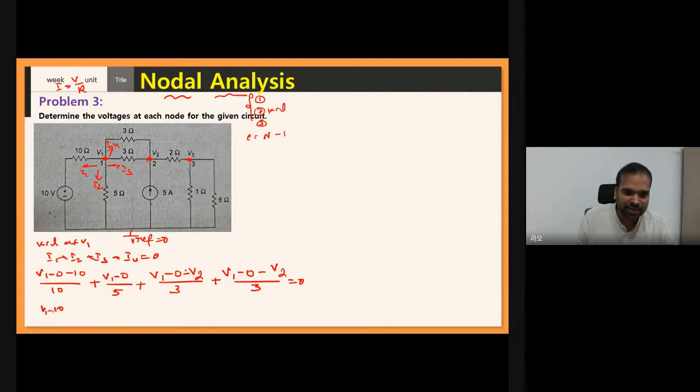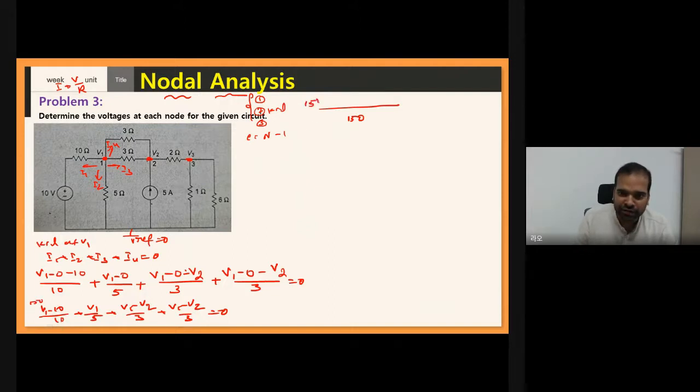Now from this you can write: V1 minus 10 by 10 plus V1 by 5 plus V1 minus V2 by 3 plus V1 minus V2 by 3 equal to 0. Now what is the LCM here? 10 into 5, 50, 50 into 3, 150. So the LCM is 150. If I write LCM 150 here, 10 ones are 10, 10 15s are 150.